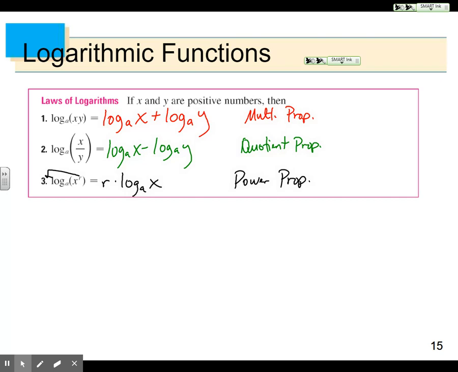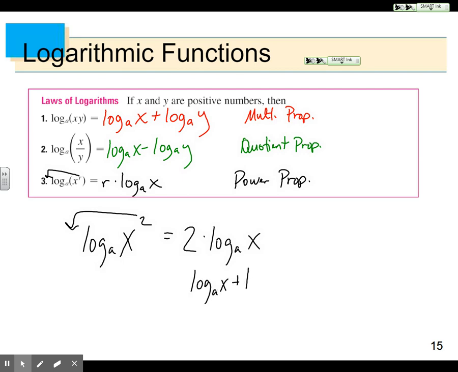And it's not too much of a stretch to see where this comes from. Suppose I have log base a of x squared. Well, log base a of x squared would just be 2 times log base a of x. And remember what 2 of these mean. It means I'm going to have log base a of x plus log base a of x.